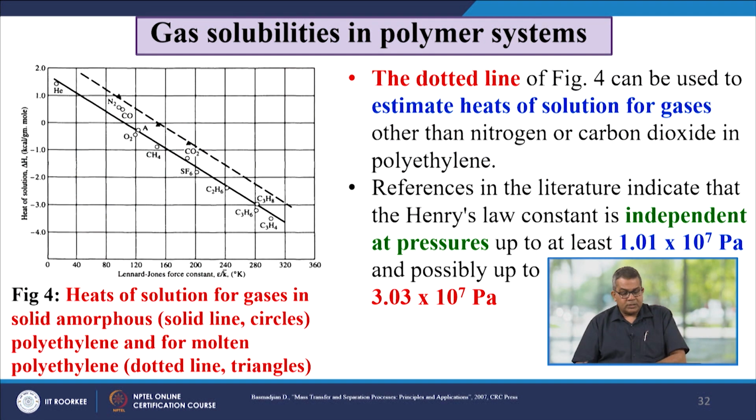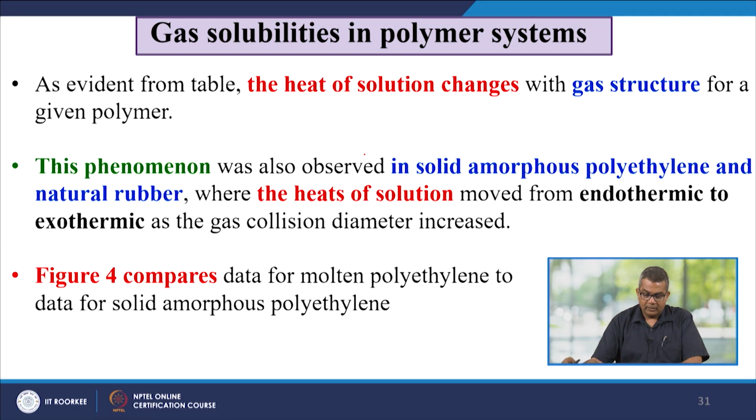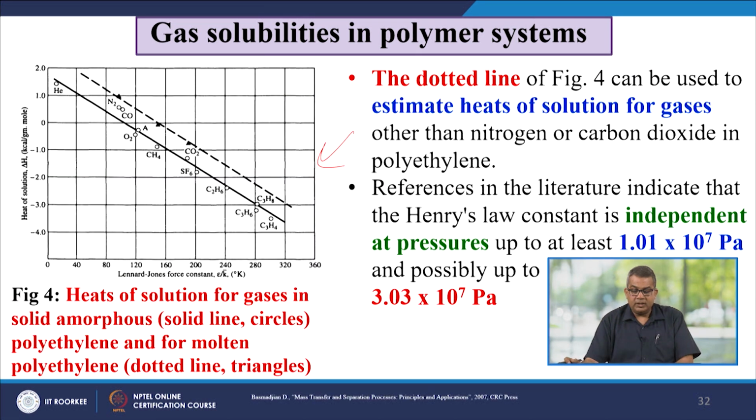Now, in this particular figure, this compares the data for molten polyethylene to data for solid amorphous polyethylene. Now, the dotted lines can be used to estimate the heats of solution for gases other than nitrogen or carbon dioxide in the polyethylene.